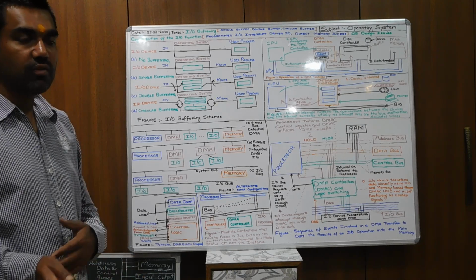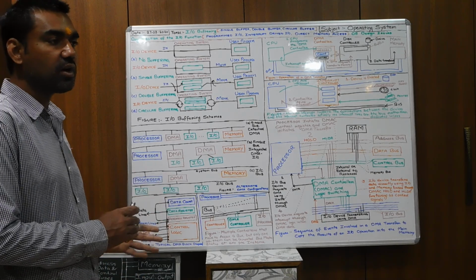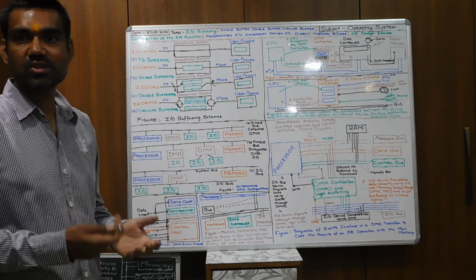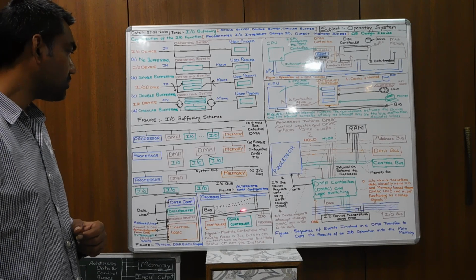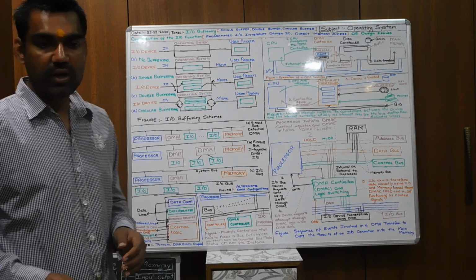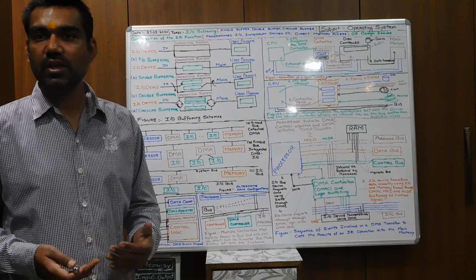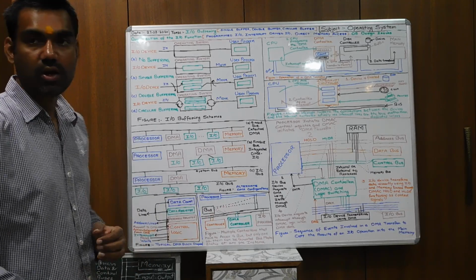There will be IO devices, and these are given direct privilege to access the memory. But the IO processor has one more thing which the DMA controller does not have.